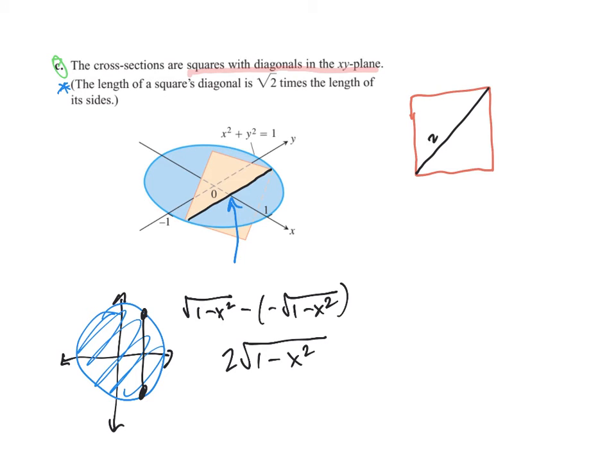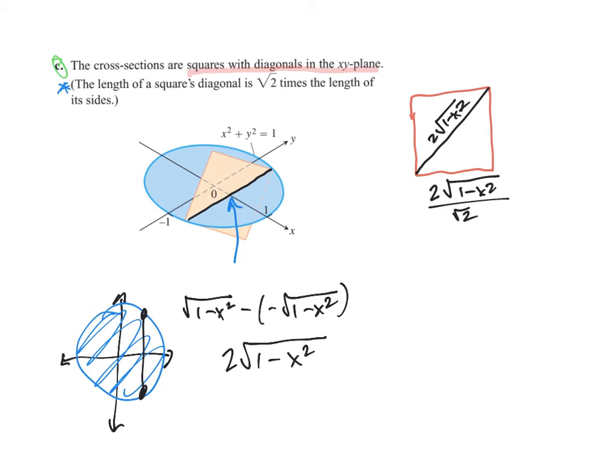That's this distance here. To figure out the side length, since that is square root of 2 times the side, I have to divide by the square root of 2. So I'm going to do 2 square root of 1 minus x squared divided by the square root of 2.